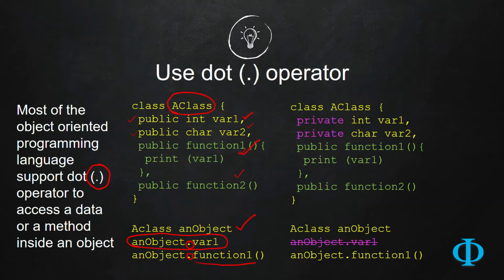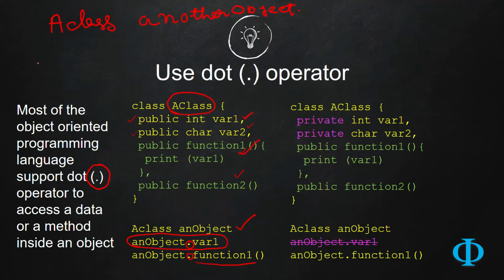Now always remember, let's say this is an object. Now if I write another object, let's say a class, then this is an object, and let's define another object like this.